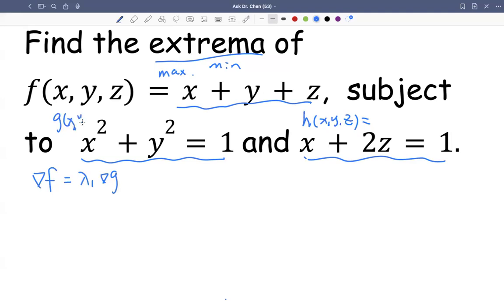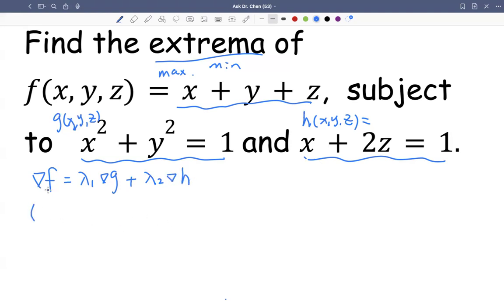Both of them take x, y, z as input. So the Lagrange multiplier method is saying if those two functions are constraints of f, then the gradient of f will be a scalar, a real number, multiplied by the gradient of g, plus another scalar multiplied by the gradient of h.